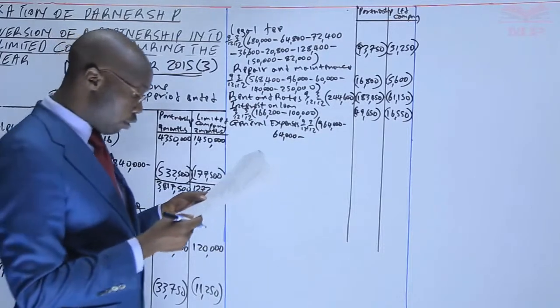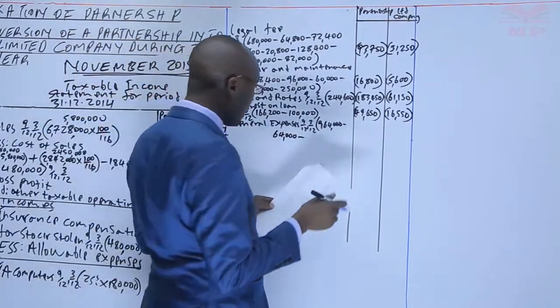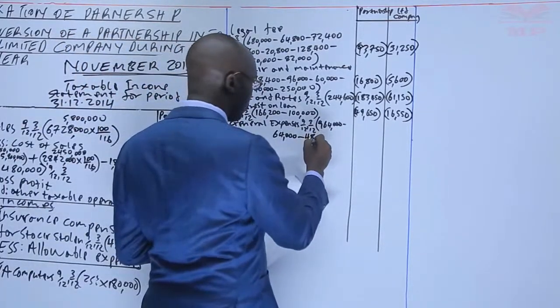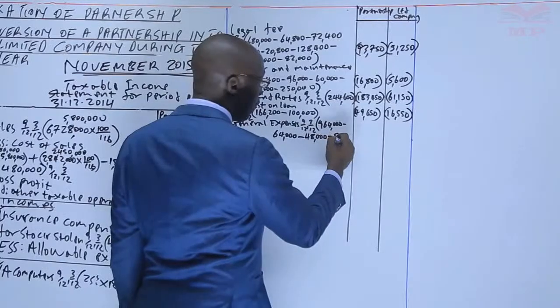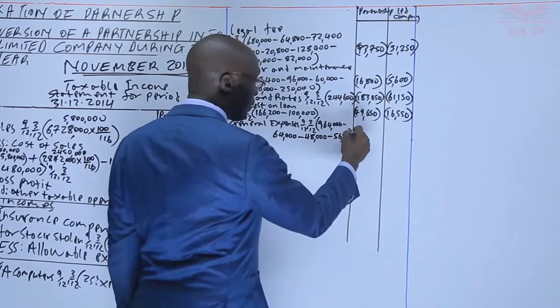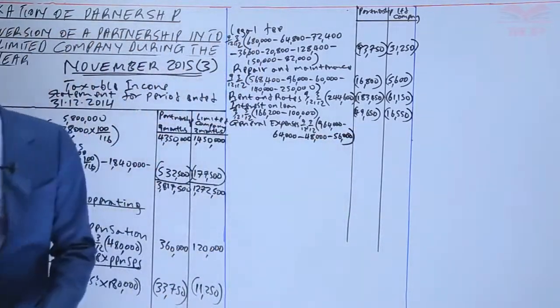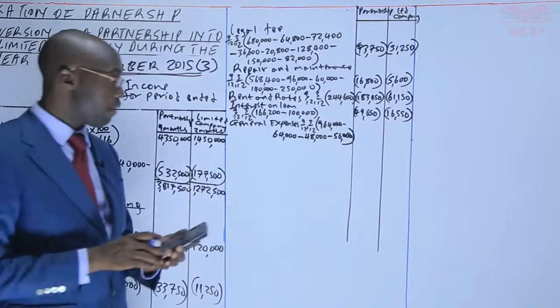So we need to first of all remove it from here, 48,000. Also, there was a cost of negotiating an additional piece of land for expansion, 56,000. That is also not allowable, a fixed asset. Then the remaining one is the one that is going to be allowable.